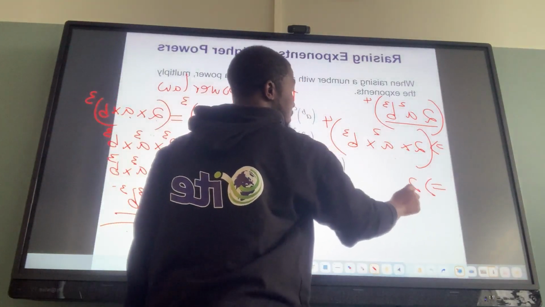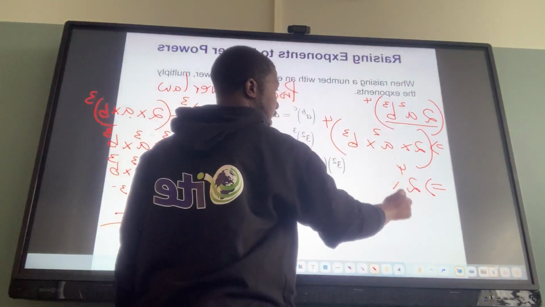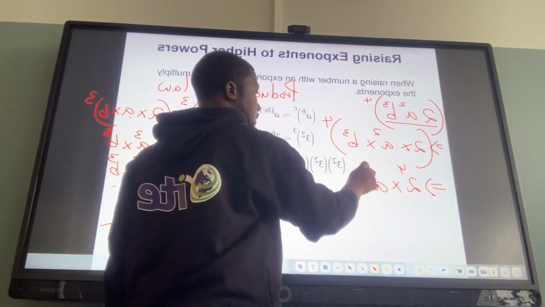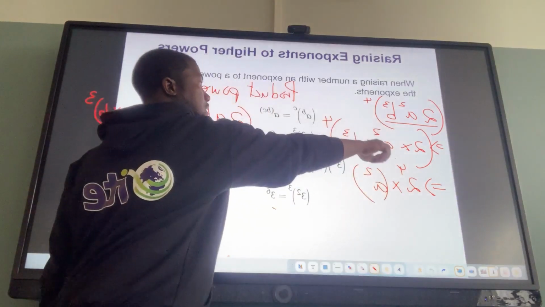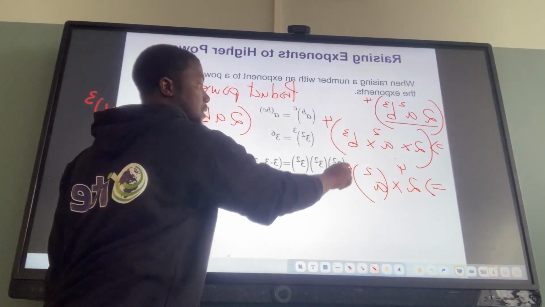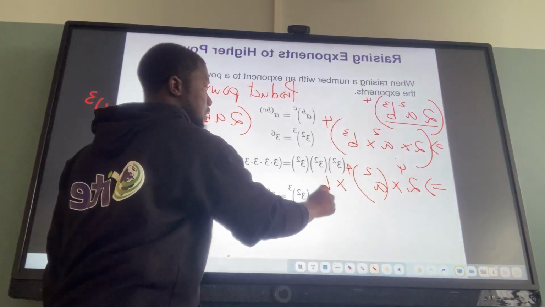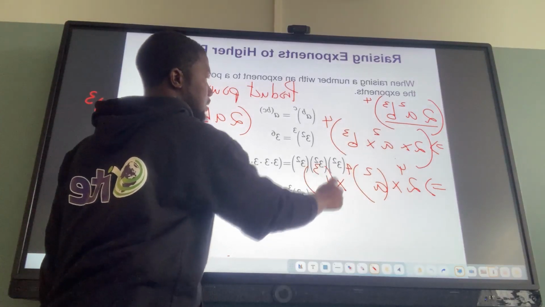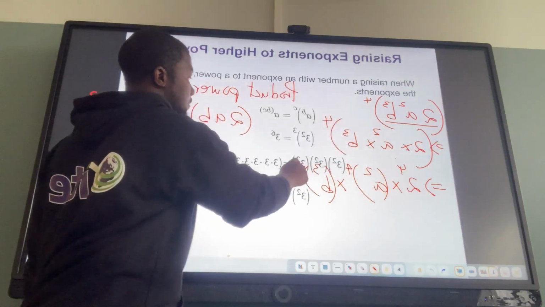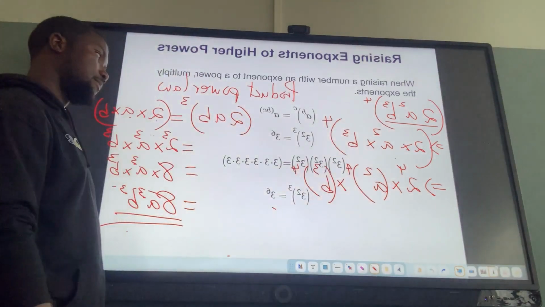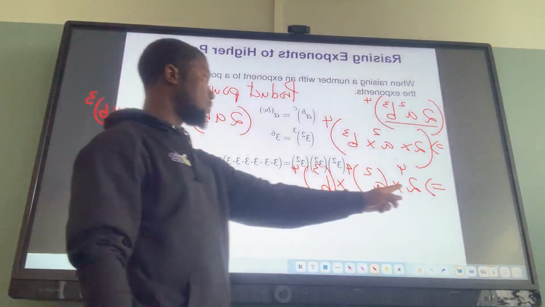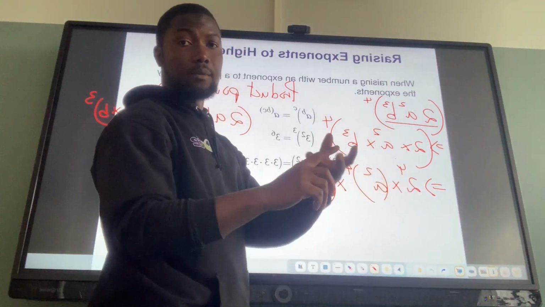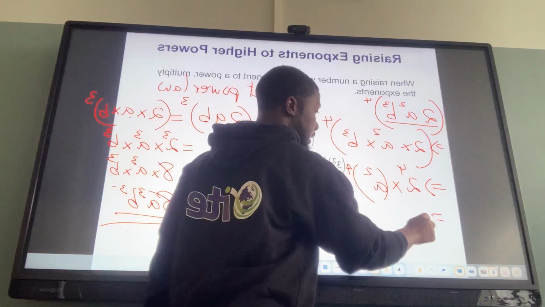So this is 2 to the power 4 times a to the power 2, which is this one, then distribute the power 4, times b to the power 3, which is this one, then distribute the power 4 to it. So 2 to the power 4 is 2 times 2 times 2 times 2, and that gives you 16.